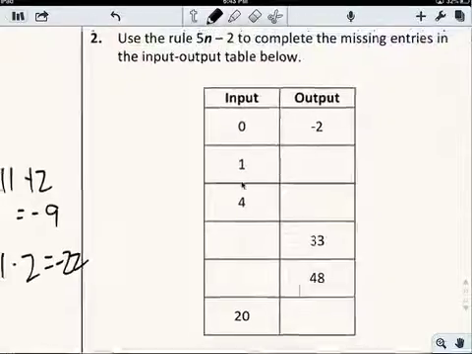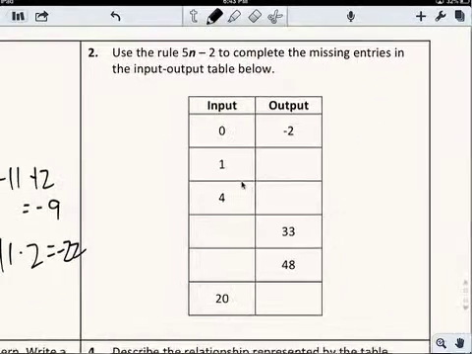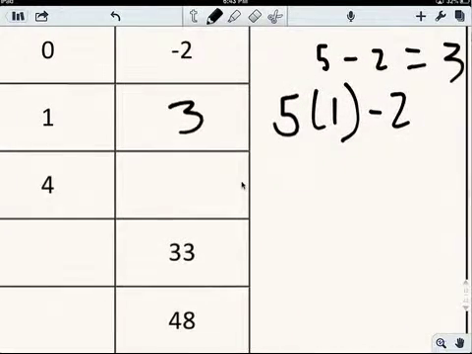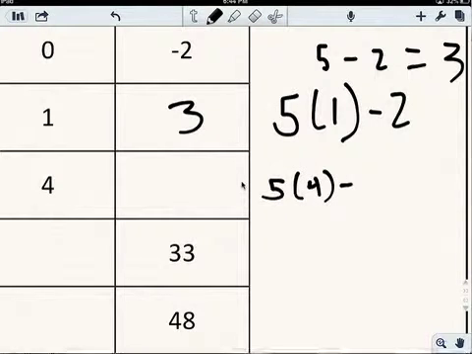Let's keep moving. 5n minus 2 is our rule up here. I'm going to highlight it. We need to use it to complete the table. So this is going to be 5 times 1 minus 2. 5 times 1 is 5, minus 2 equals 3. So that's 3. I'm going to have to work a little smaller here. Let's try another one. 5 times 4 minus 2.